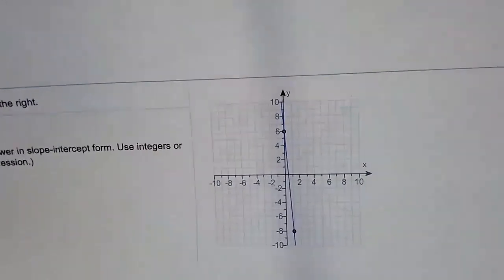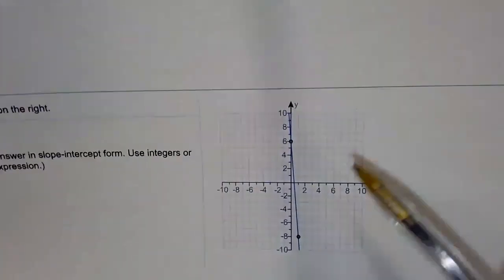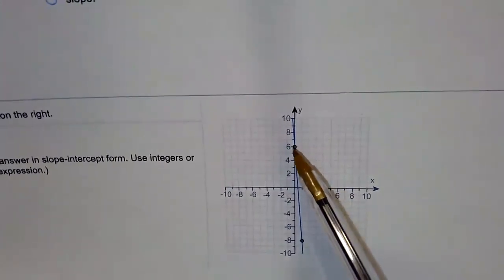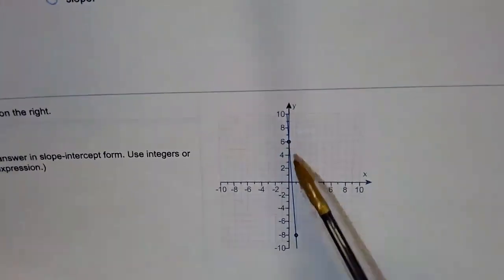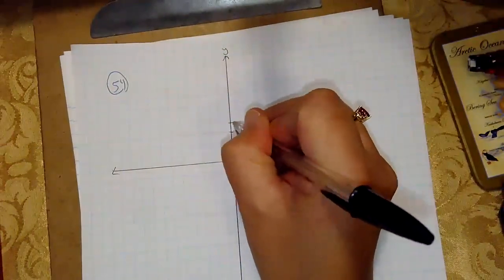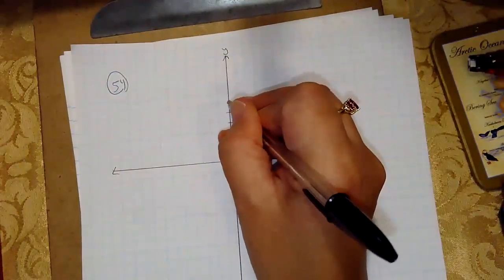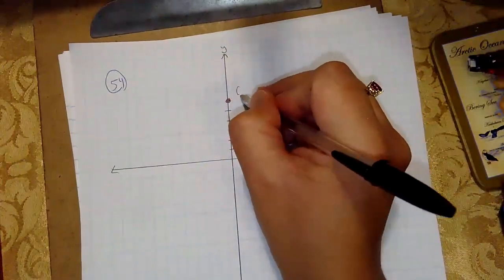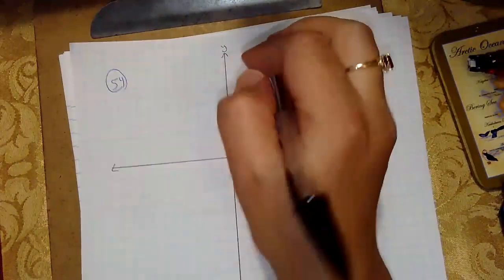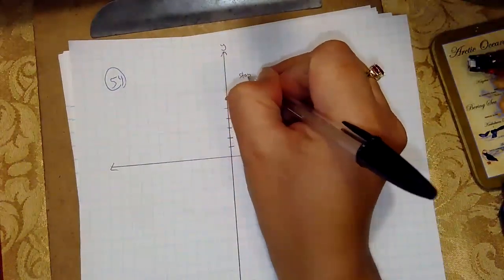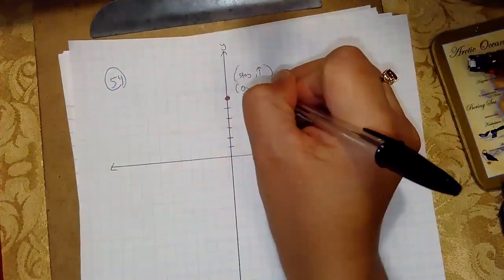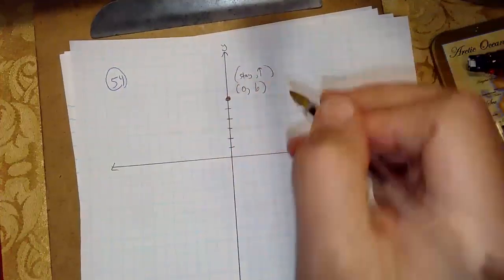Okay, so if I try to recreate that on my paper, you see this point here? So I can do that here. 1, 2, 3, 4, 5, 6 here. So this is x is 0. See, you're not going right or left. x is staying. And then you went up 6. So that's that point.